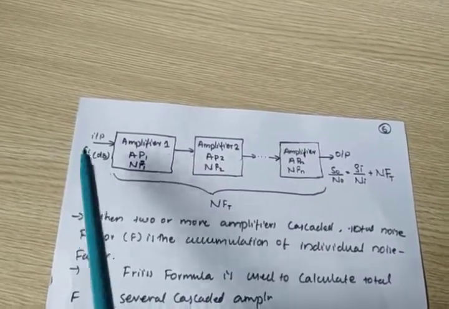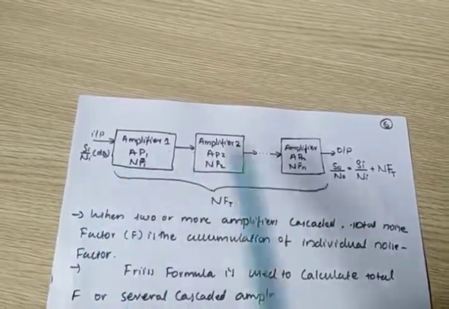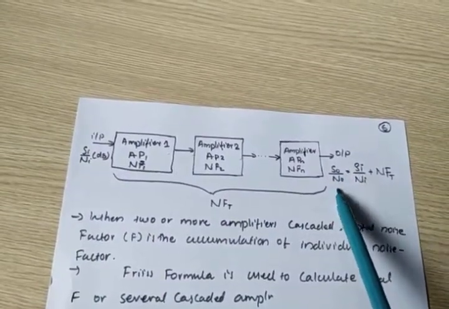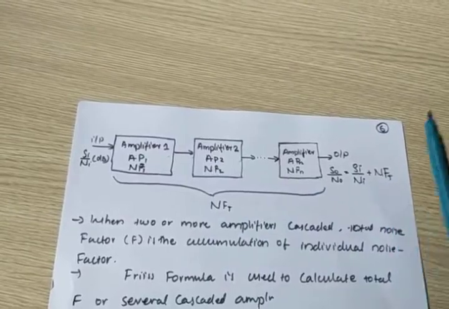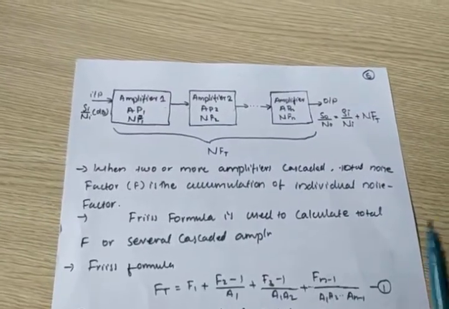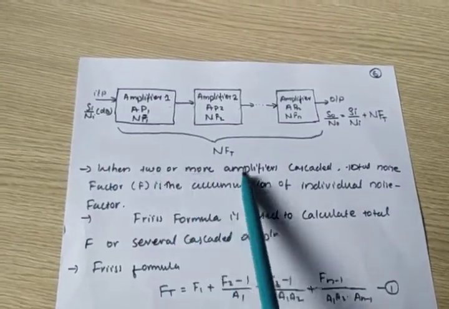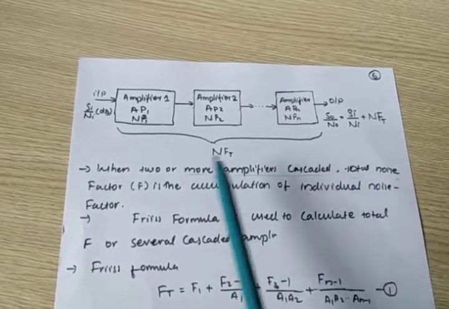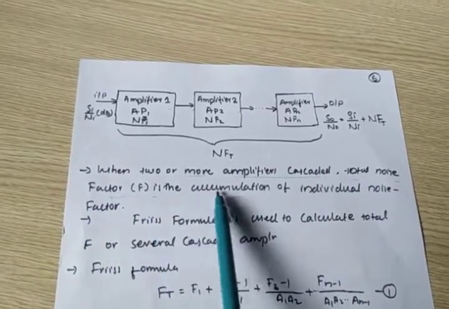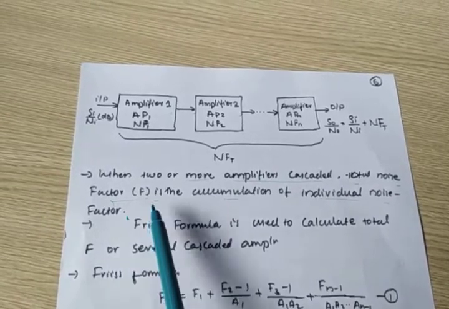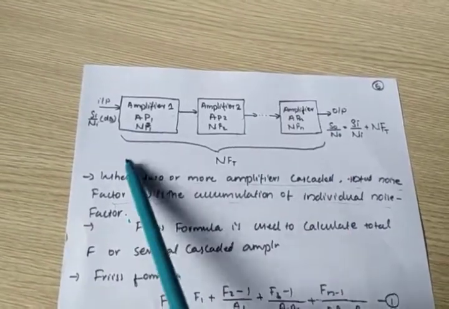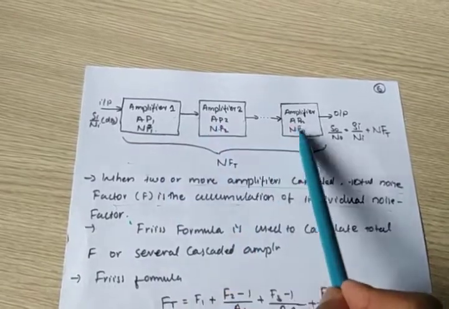The input is Si by Ni, and the output is S0 by N0, equal to Si by Ni plus the total noise factor NFT. So when two or more amplifiers are cascaded, the total noise factor F is the accumulation of the individual noise factors.